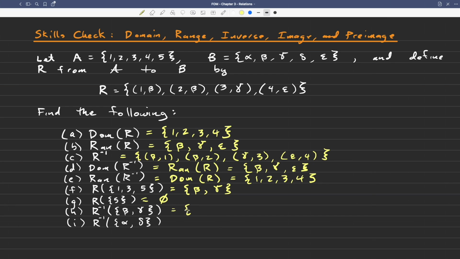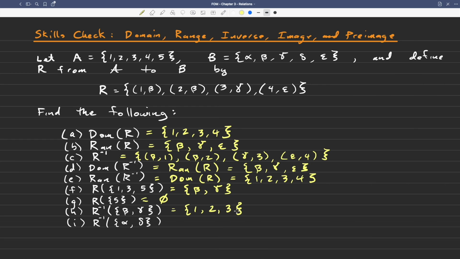Well, I see that beta actually is paired with 1 and 2, right? 1 and 2 are first components of beta in that original relation. Right up here, right? This ordered pair and this ordered pair. The second component is beta, so we see beta is paired with 1 and 2. And then gamma gets paired with 3, and that's it.